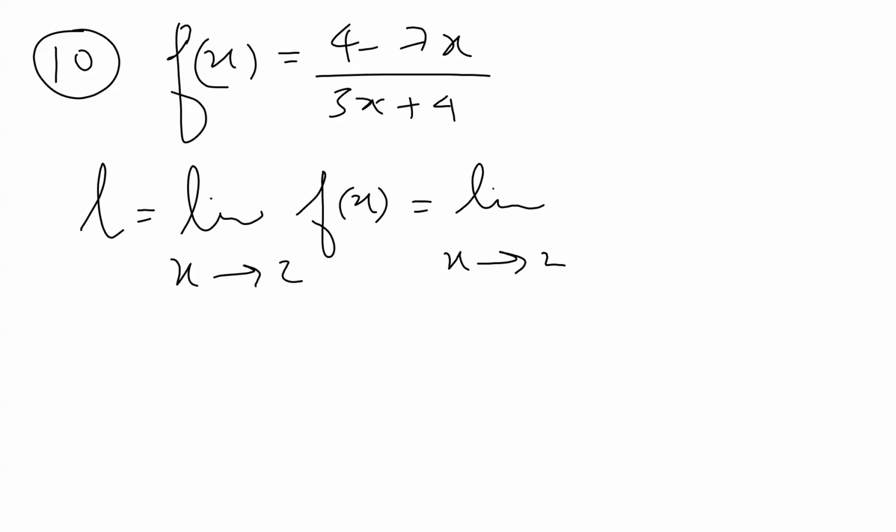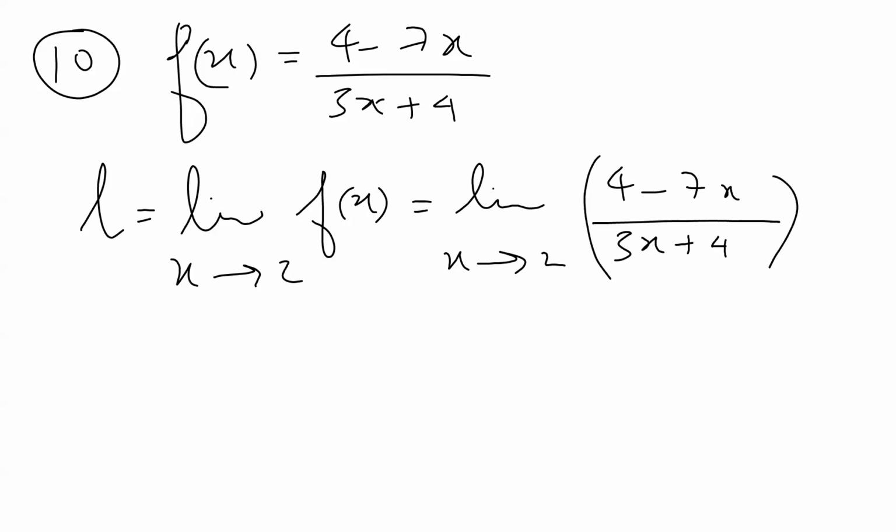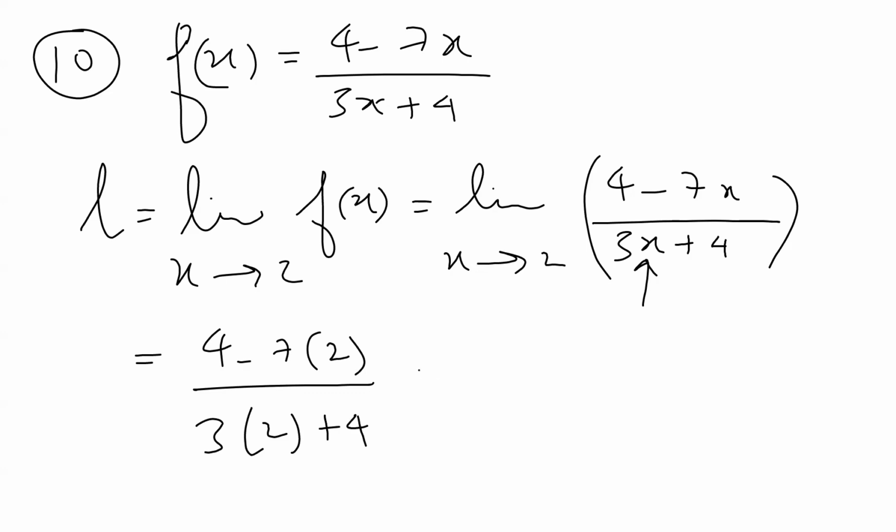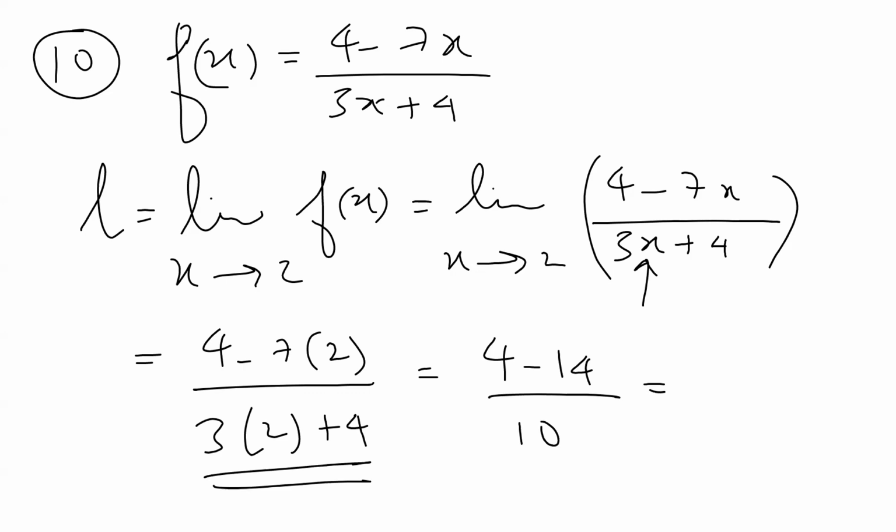What is f of x? 4 minus 7x upon 3x plus 4. Now you can put the value of x as 2 over here because that doesn't make the denominator 0. So in numerator as well as denominator we'll put the value of x as 2. So 4 minus 14 upon 6 plus 4, which is 10. So this is going to be minus 1. This is L.